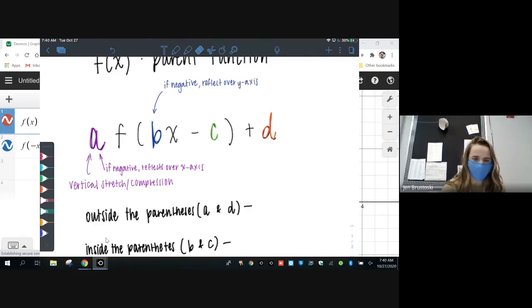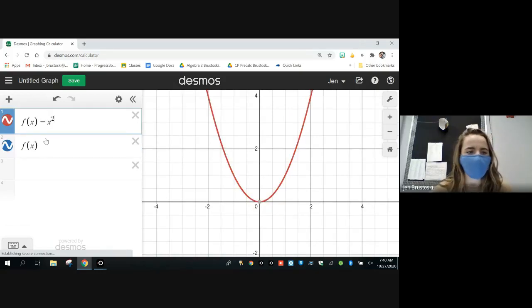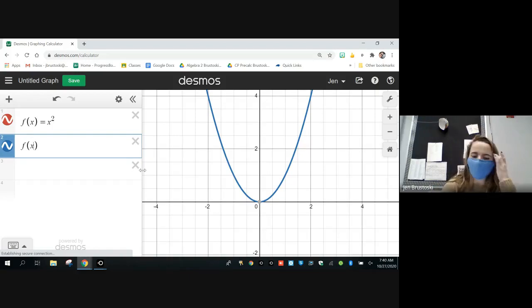All right, let's look at that c value. So we've got f of x, and let's go back to x squared as well. If my c value changes, someone give me a number. 5. So we're going to do minus 5. What happens to the graph? It goes right.